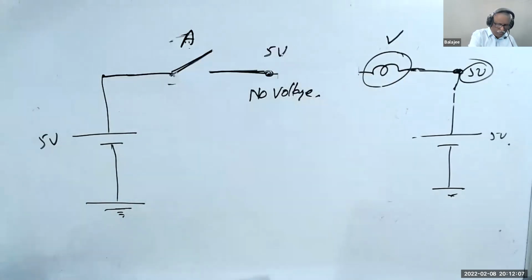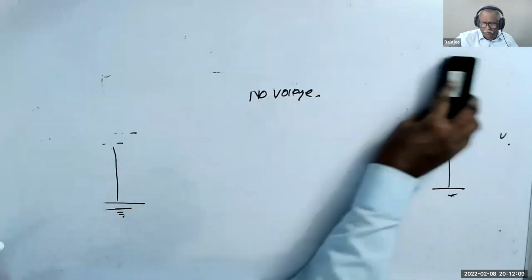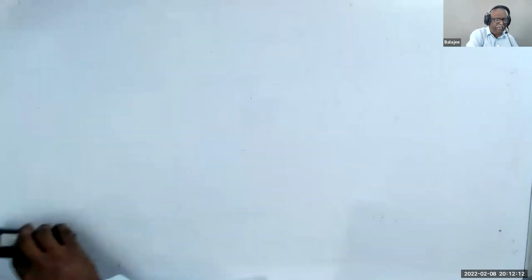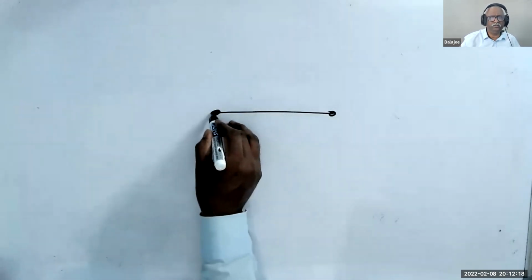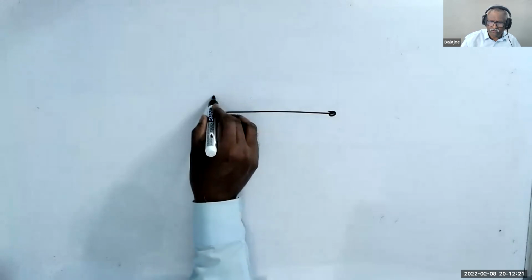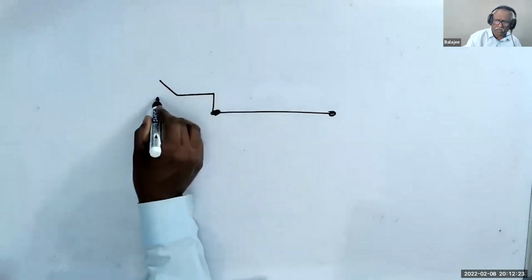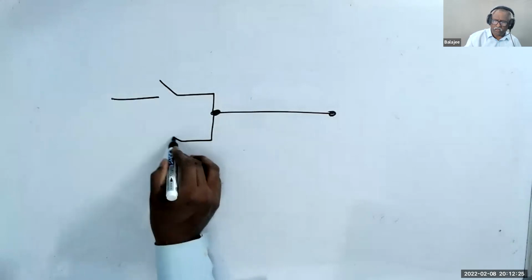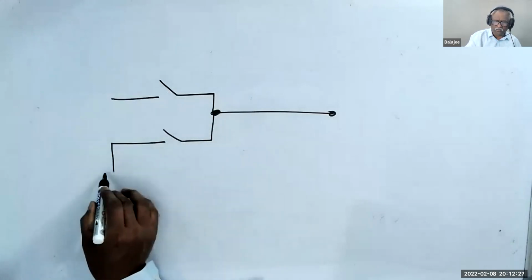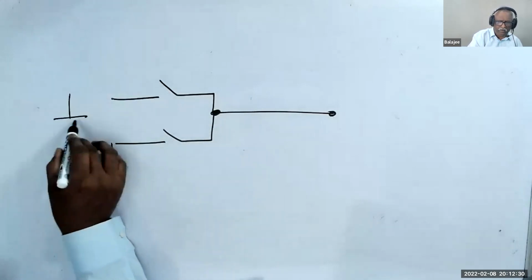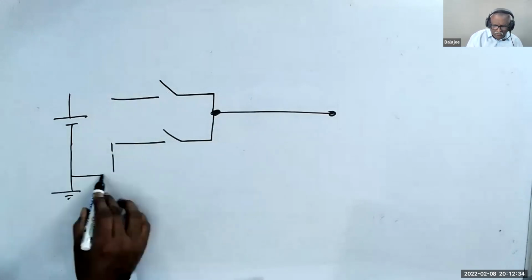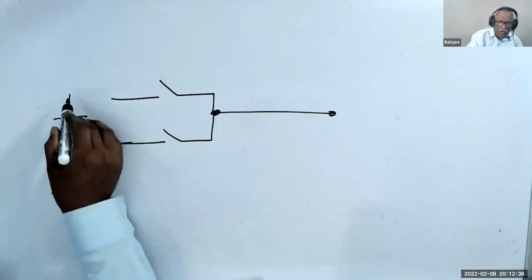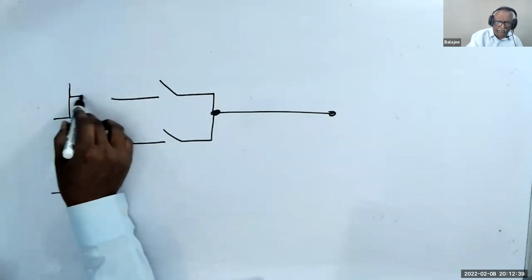Now I will explain the difference to you. The difference has to be understood very clearly, otherwise there is always confusion. I have an output. I have a switch. There's a battery. The battery's ground is connected here, and the battery's top is connected here.